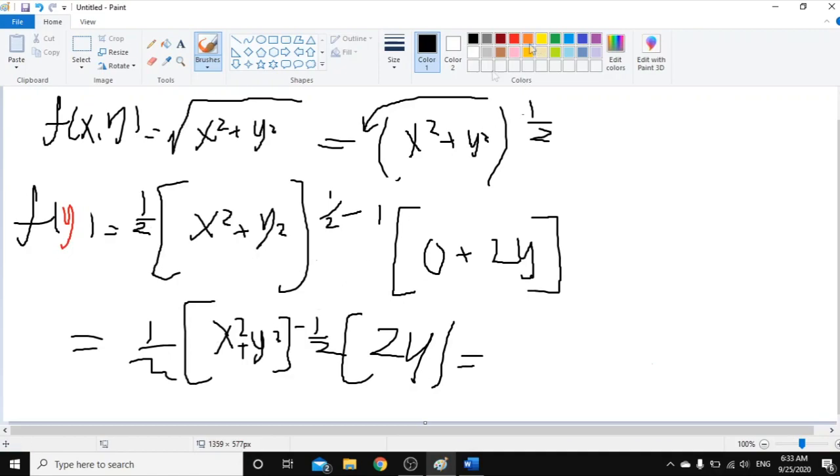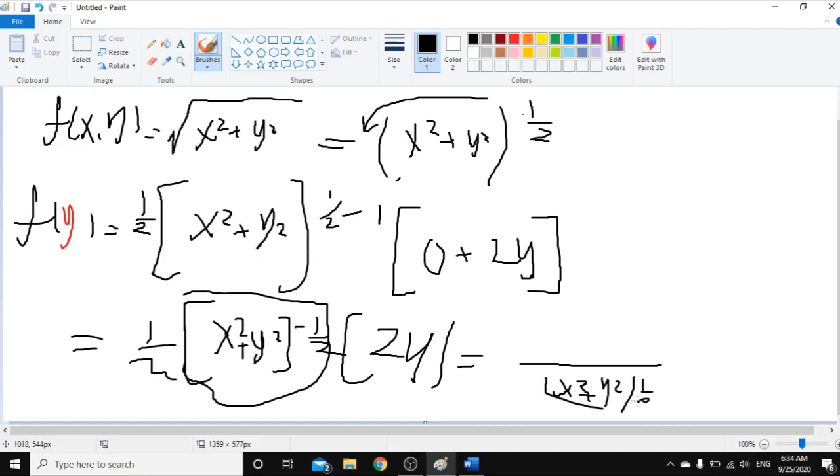Equals, let's take those to the bottom of the equation, so we can write x squared plus y squared to the 1 over 2 in the denominator, and here we also have 2, and at the top we have 2y, so we can cancel 2 with 2, and what's left for the final answer for this equation is y over x squared plus y squared to the 1 over 2.